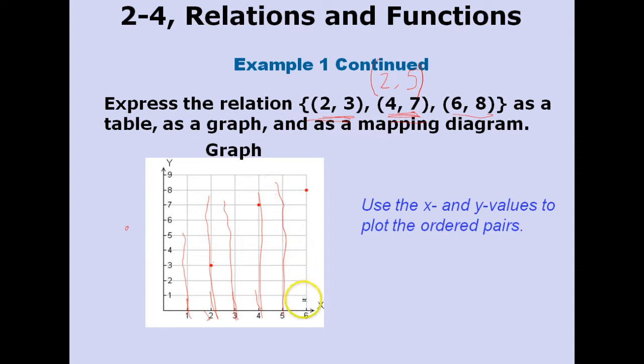When I'm drawing these vertical lines, if it only hits one point as I draw a vertical line, then it's called a function. Now when I add the 25 in, notice that vertical line I drew right there now hits 2 points at a time. When I add the 25 in, this no longer passes the vertical line test. So without the 25, I'm good. It's a function. With the 25, I'm not good. It's not a function because it doesn't pass the vertical line test.